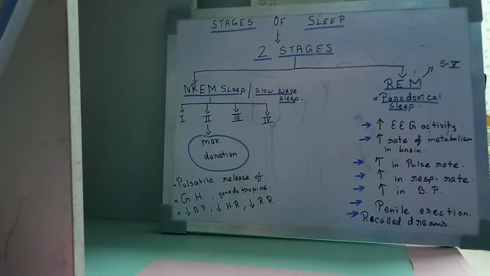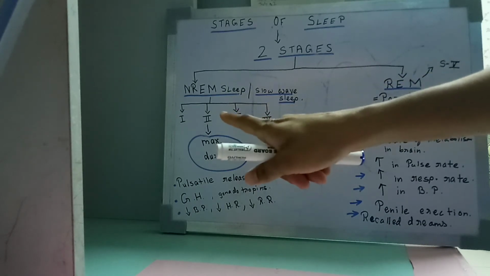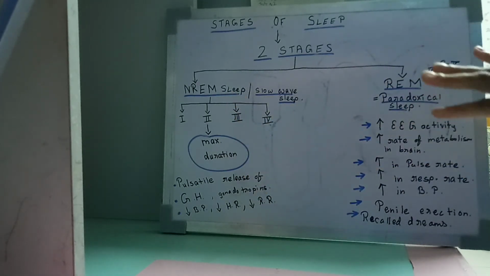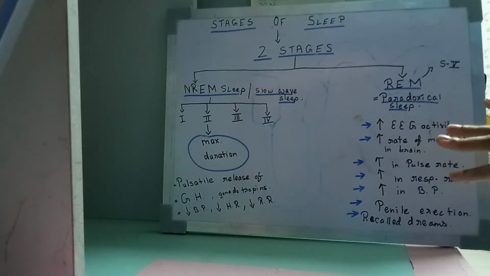So let me just give you an example. Suppose I have a regular 8-hour sleep at night. In my regular 8-hour sleep, the maximum time, around 6 to 6.5 hours, I will spend in non-REM sleep. And the rest, around 1.5 hours, in REM sleep.